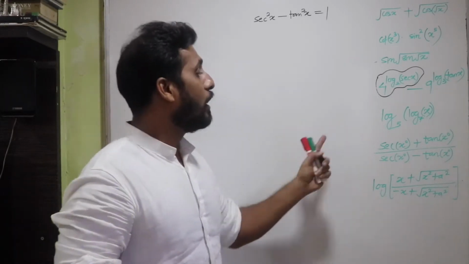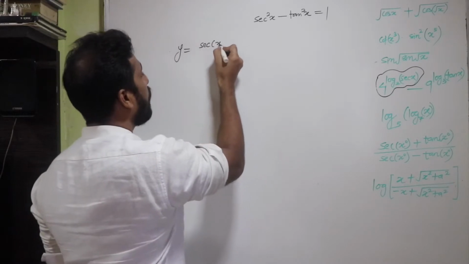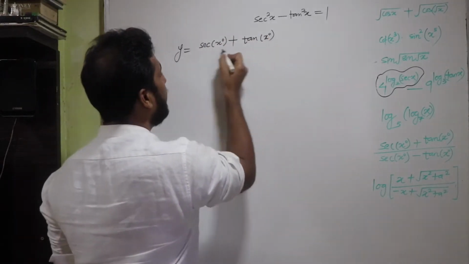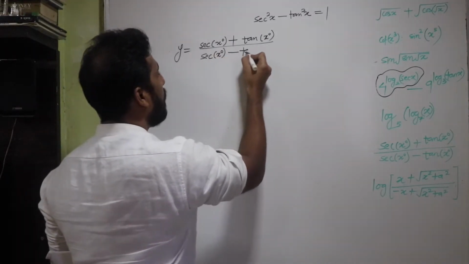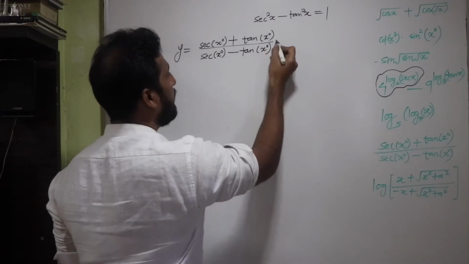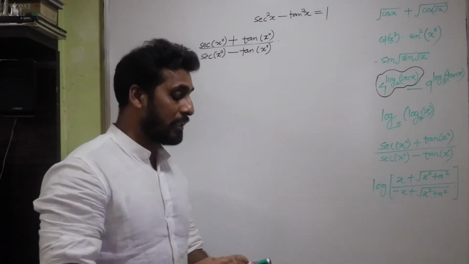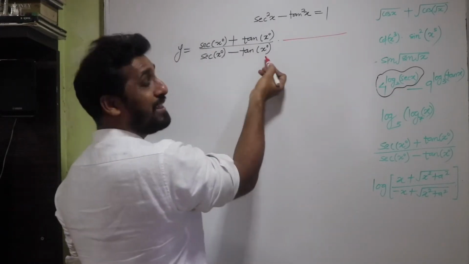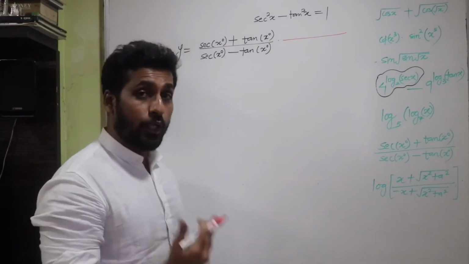So if I take my question, I have y is equal to sec of x degrees plus tan of x degrees upon sec of x degrees minus tan of x degrees. What I'm going to do here is rationalize the denominator. In the denominator, we have sec x minus tan x, and the degree is there definitely; we are going to take care of that degree also in a short while.